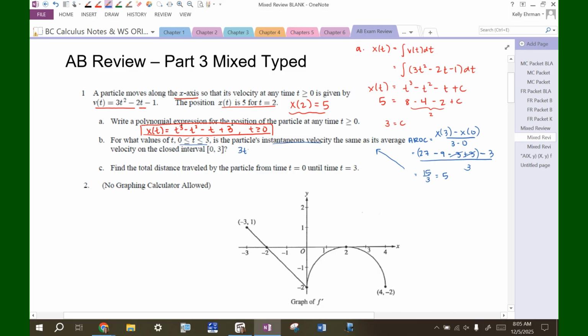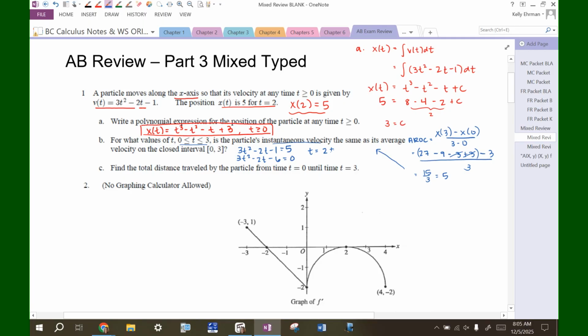So when is 3t squared minus 2t minus 1 equal to 5? This is a quadratic, so you need to get it equal to 0 to solve. And does this factor? I don't think any combination of 3 and 1, 3 and 2, or 6 and 1 is going to give me 2. I'm just going to go to the quadratic formula.